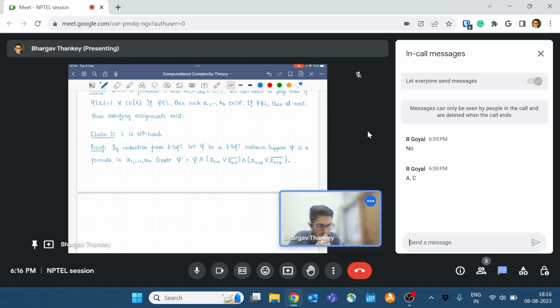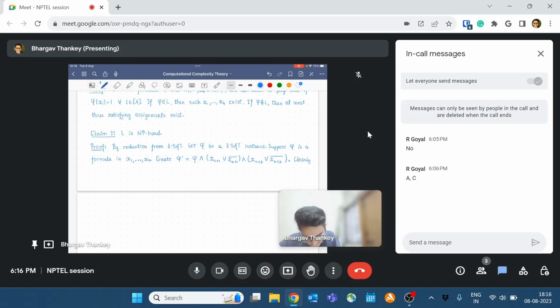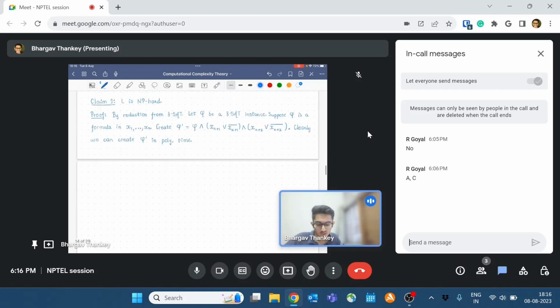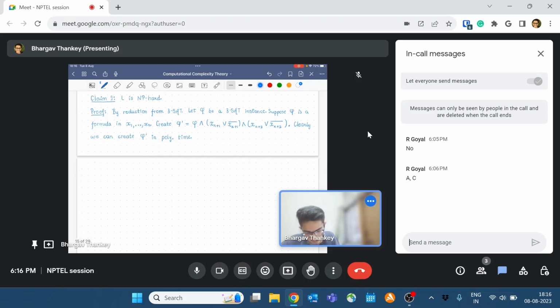Clearly we can create phi prime in polynomial time. So this reduction is at least polynomial time. Now we need to show that it's a valid reduction.